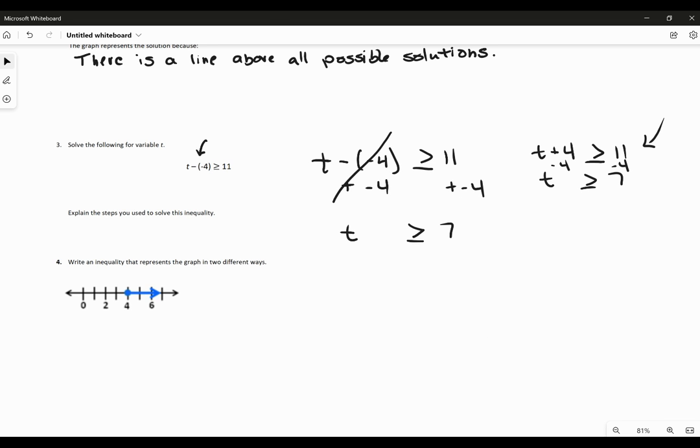Explain the steps you use to solve the inequality. Basically, I rewrote subtracting negative 4 as adding 4. And then solved. Isolated the variable, did the inverse operation, and solved.